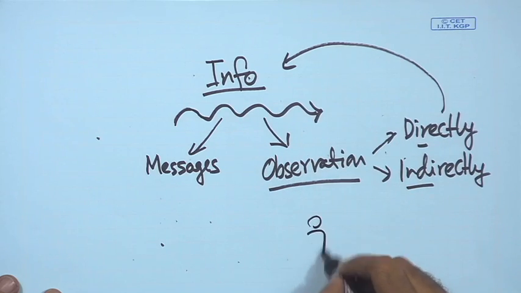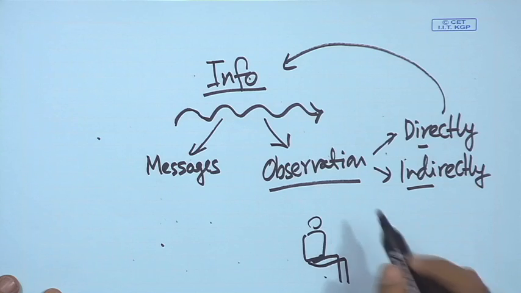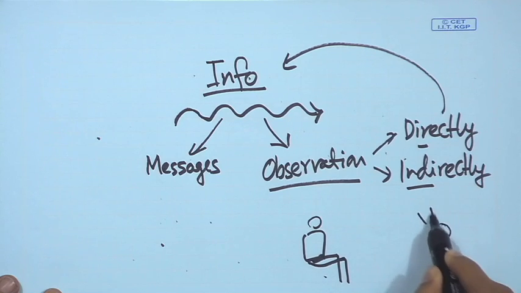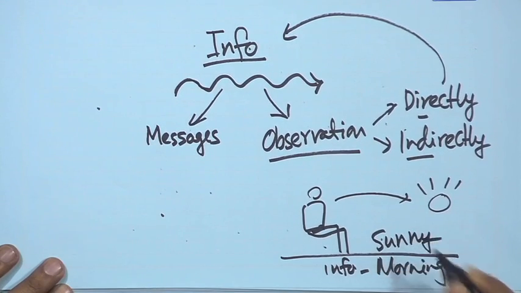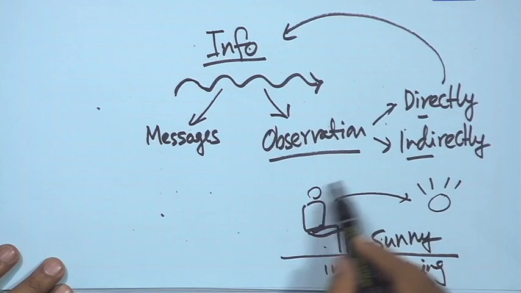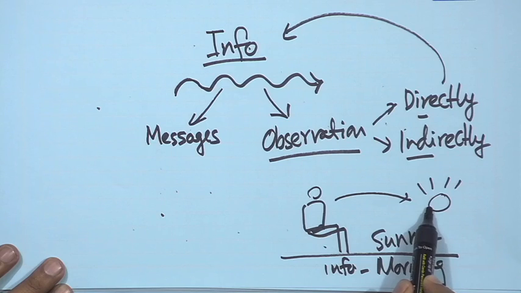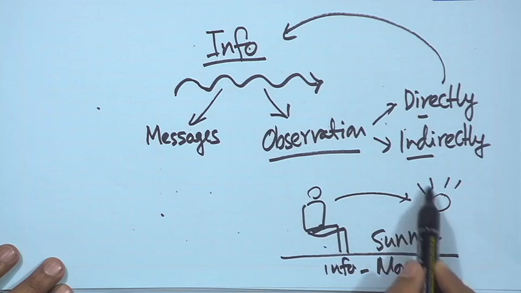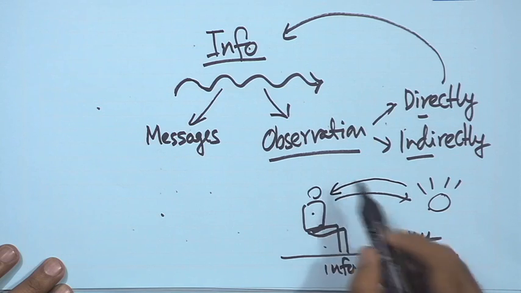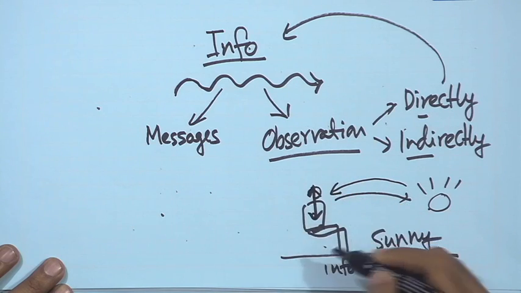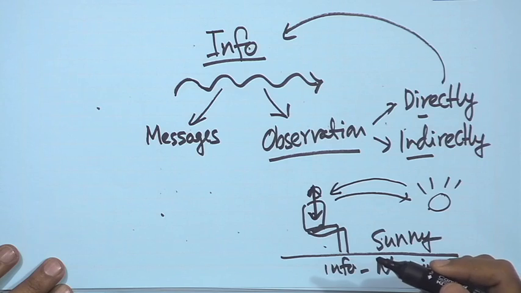Say, for example, when you are sitting alone in your chair and you are observing a sunrise, this is a form of information. This is the information that it is morning or it is sunny. So, whatever you are observing here directly is actually creating some form of information, and that information is being propagated within yourself. So, many a time the information is within yourself.